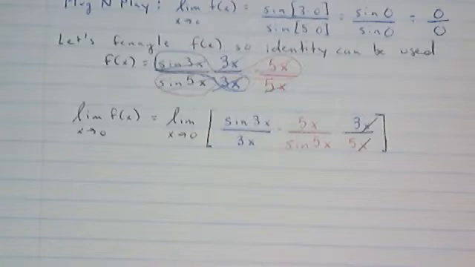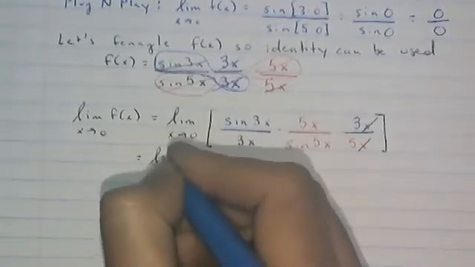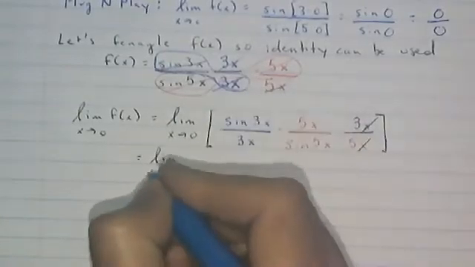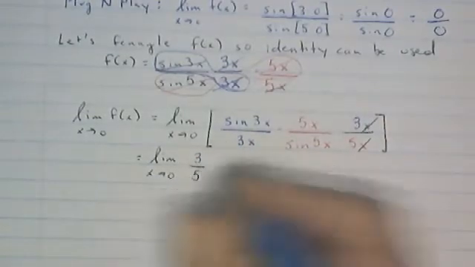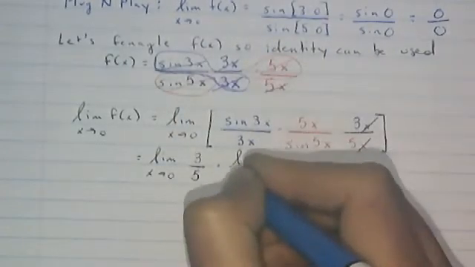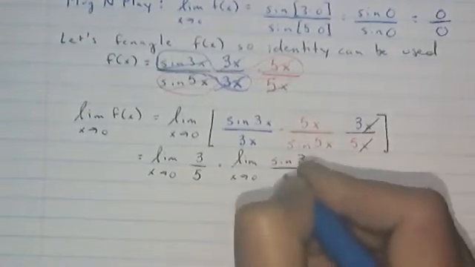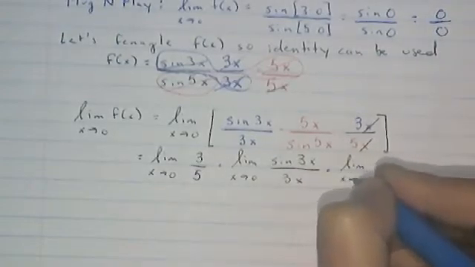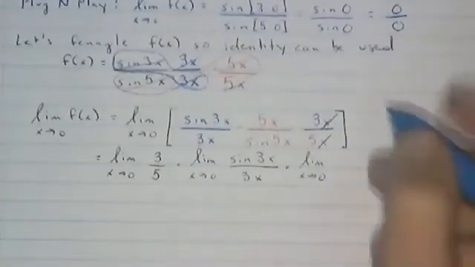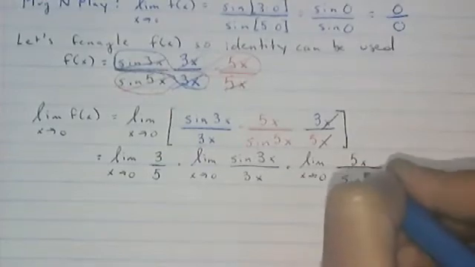And then breaking this into its component parts as a product of 3 different limits, this limit here is the same as the limit as x approaches 0 of 3/5, I'm just writing this one out front, times the limit of the sine of 3x divided by 3x times the limit as x approaches 0 of 5x divided by the sine of 5x.